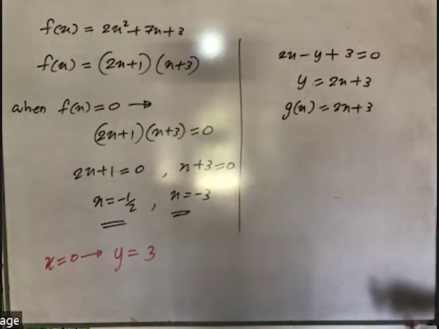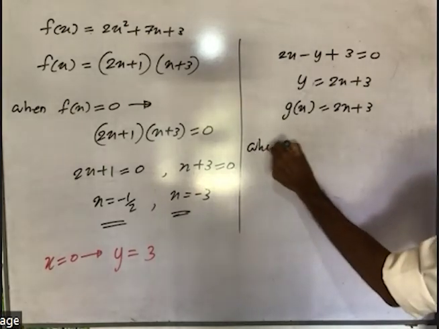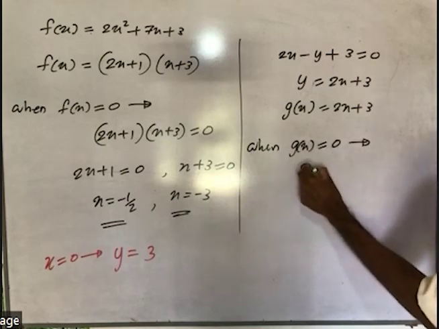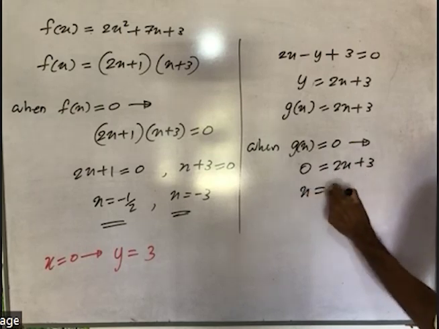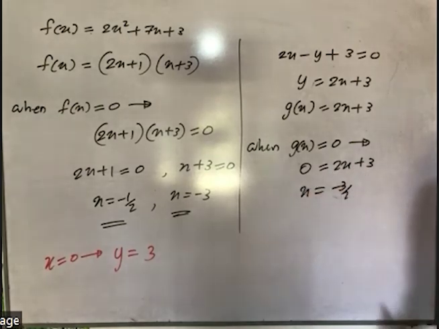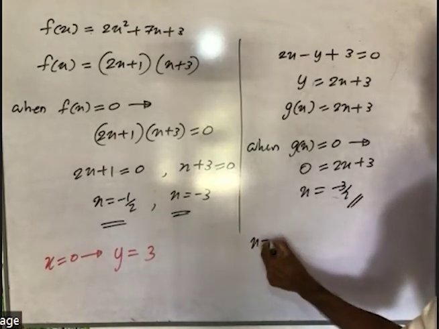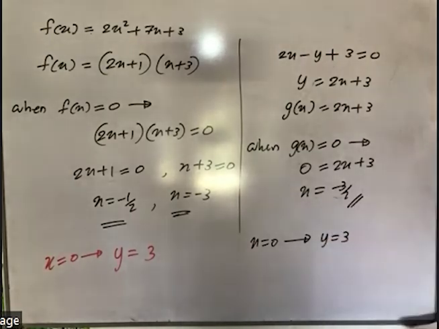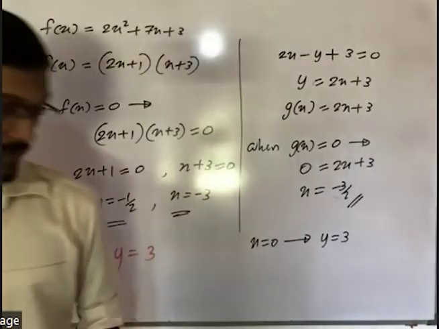So when g(x) equal to 0, this part will be equal to 0. That means x equal to minus 3 over 2. Same way, when x equal to 0, y value is 3. Those are the intersection points of x and y axis.